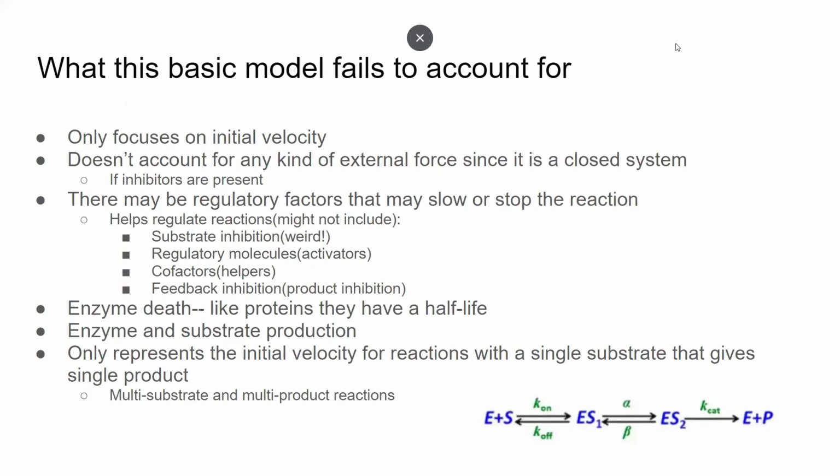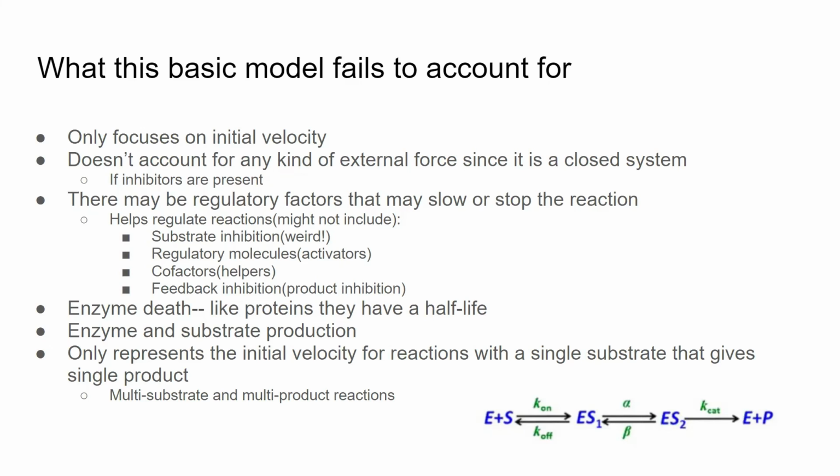The velocity of the reaction, as seen previously, is not constant. Therefore, it would be hard to represent the dependence on concentration in addition to time. So we only focus on initial velocity. That is one of the many things this fails for.